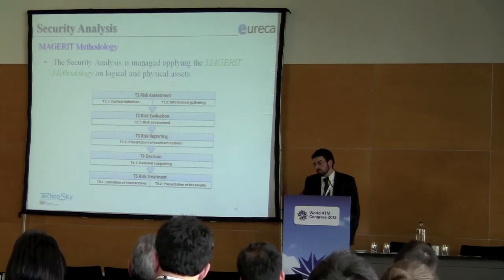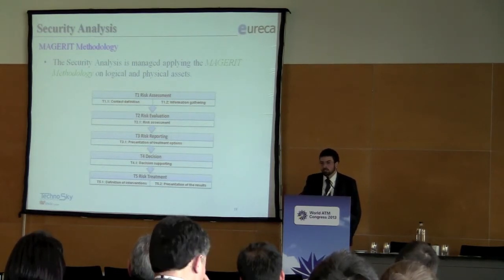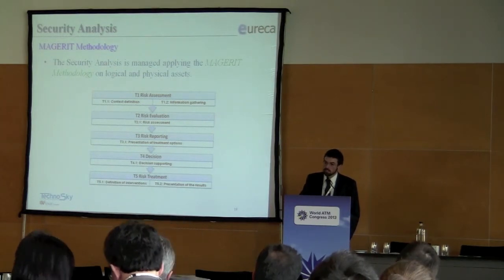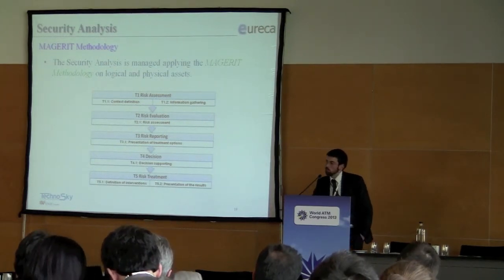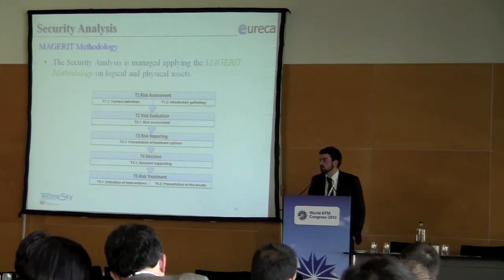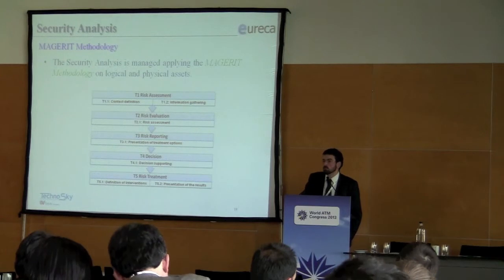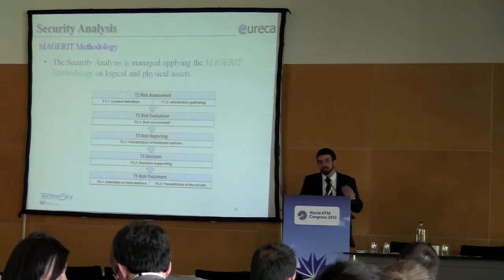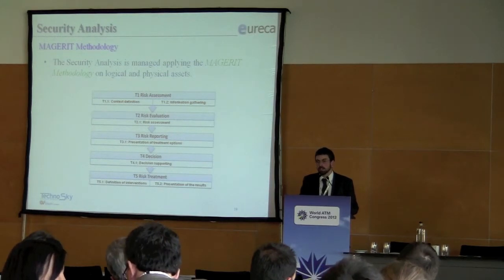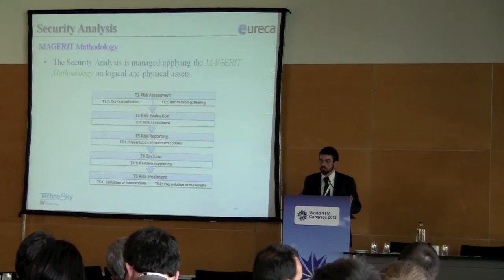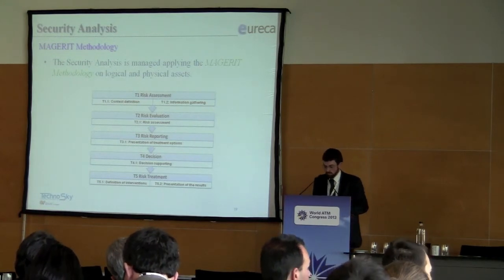Then the decision-making support and the definition of intervention, that is the identification of the mitigation actions that we have to implement, in order to improve the security. And finally, again, the presentation of the results, again, the culture, again, the spread of the information in the organization.